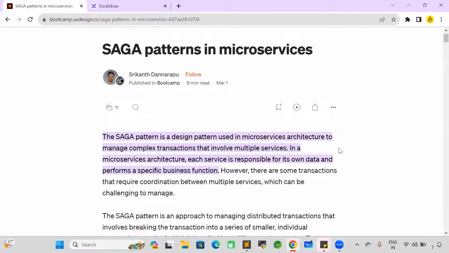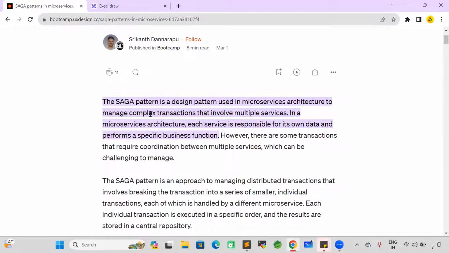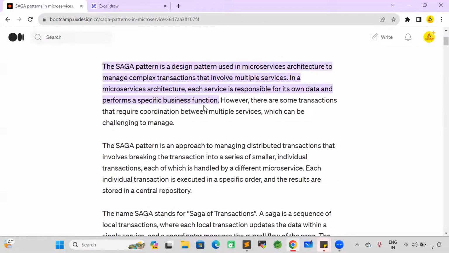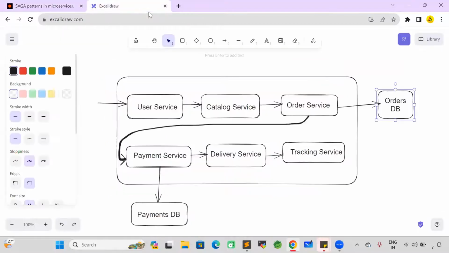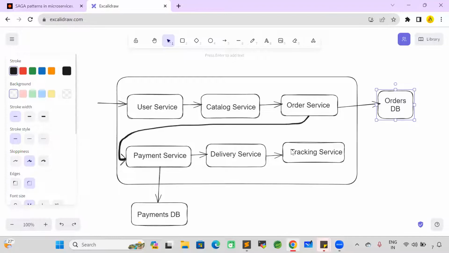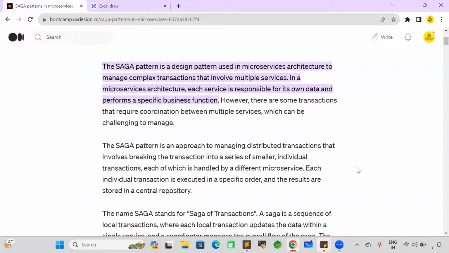By using it, we can manage complex transactions involved in multiple microservices in the architecture. When multiple microservices are there, each microservice has its own database, and every microservice is responsible for its own operation. So how do you manage the transaction?